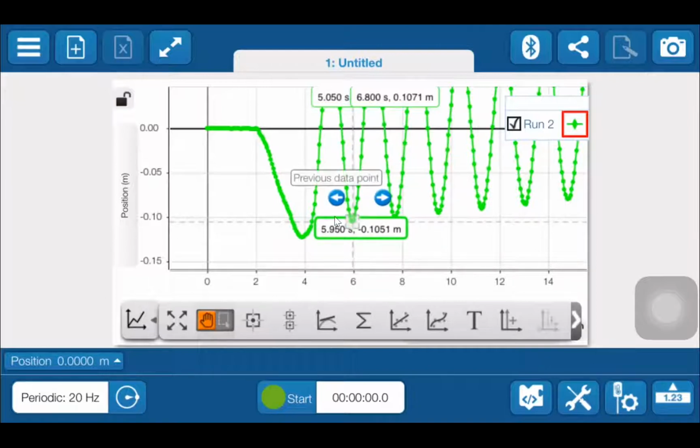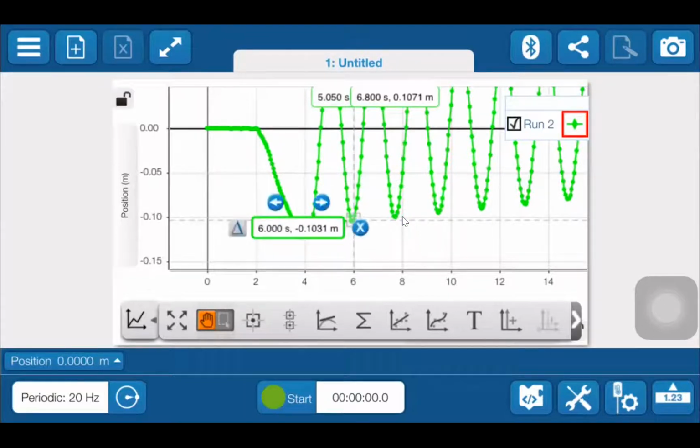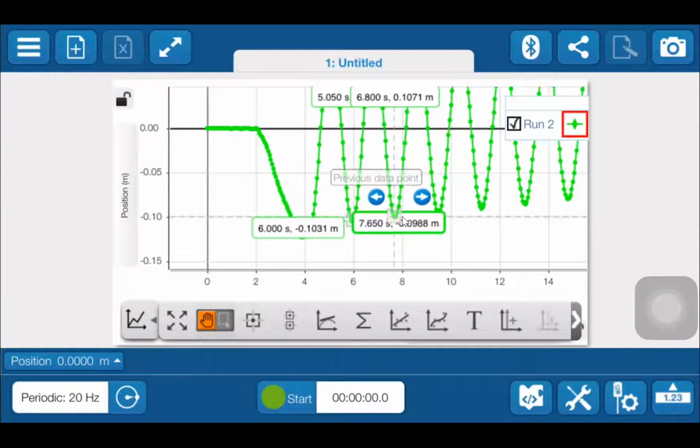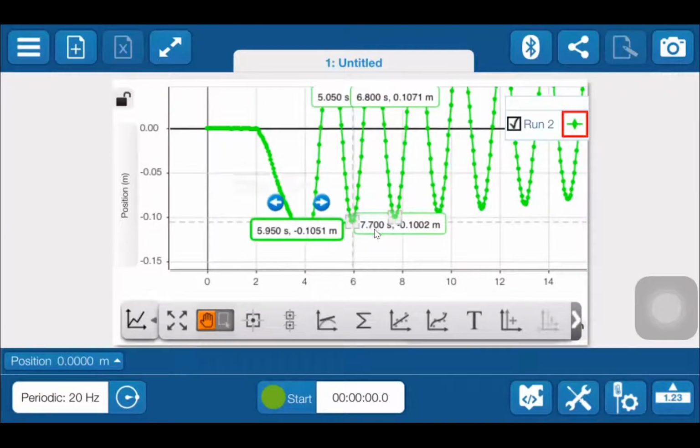Okay, so 5.95 seconds is the first trough, and the second trough is, I think, 7.7. Yeah, 7.7 is the local minimum, and this one's the 5.95, right? And the difference between them is also 1.75, right? So you can get the period from either the crest or the trough.